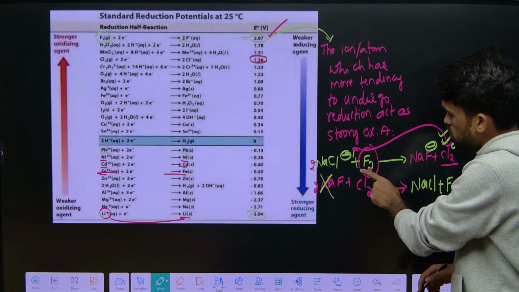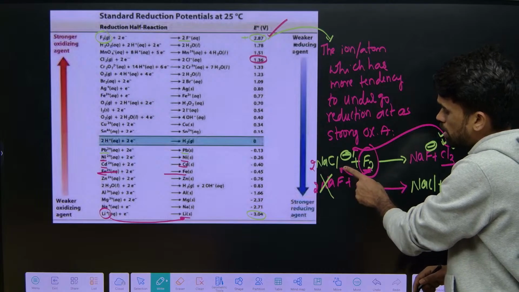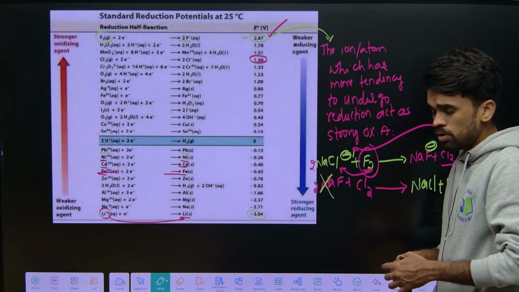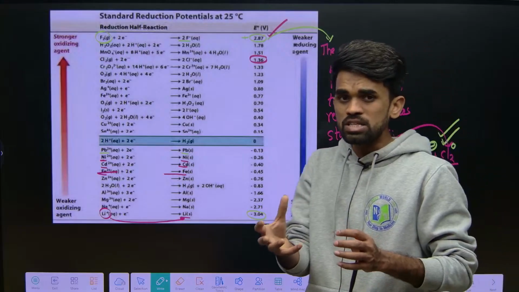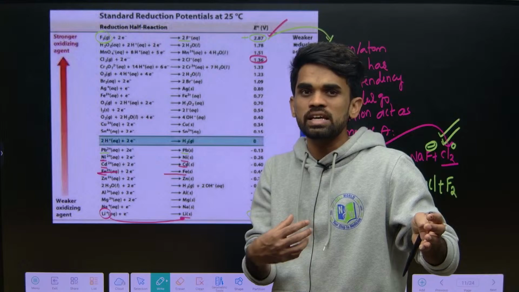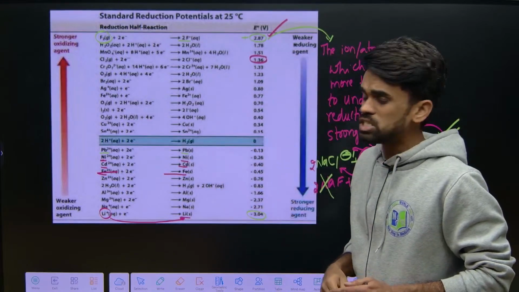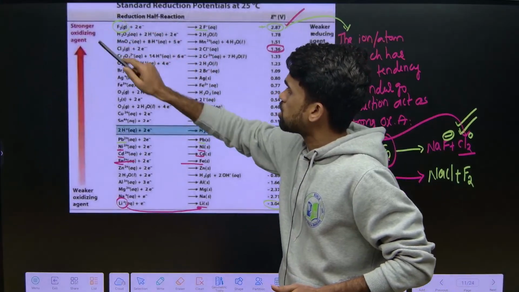Fluorine makes the chloride ion undergo oxidation. Species which oxidize others and reduce themselves are called oxidizing agents. From this table, fluorine is the strongest oxidizing agent.